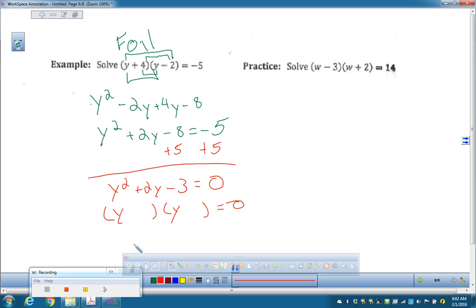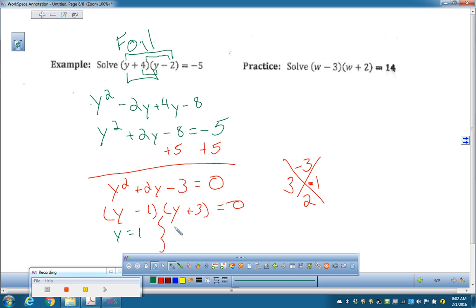What numbers multiply to negative 3 and add to 2? 3 and 1. Which is negative, which is positive? No, 1 is negative, right? So you get y minus 1, y plus 3 equals 0, and you get y equals 1 or y equals negative 3.